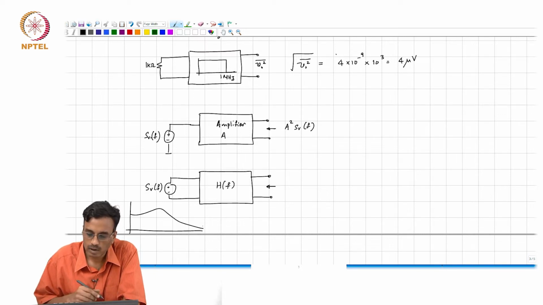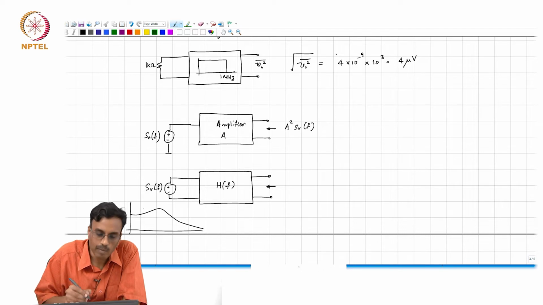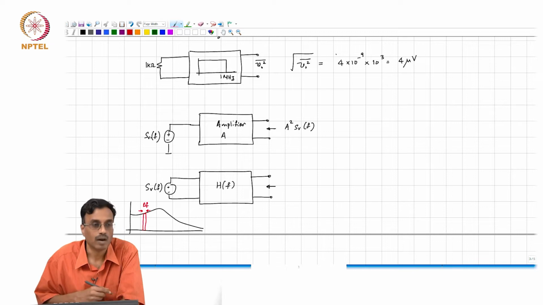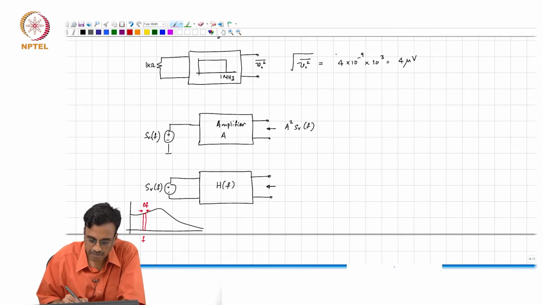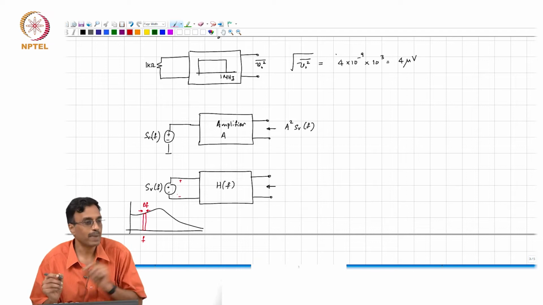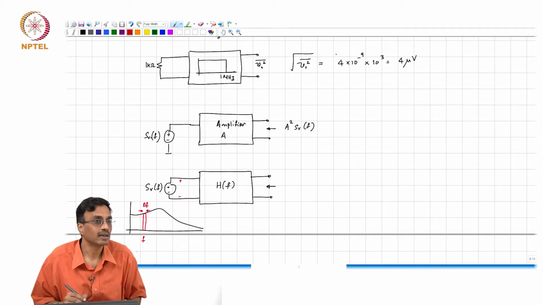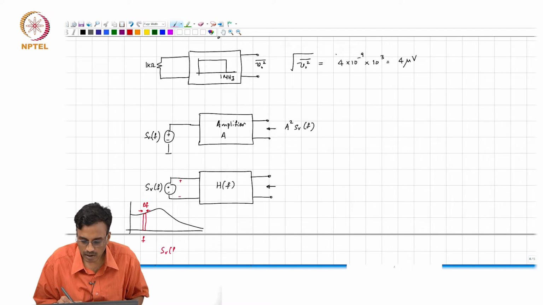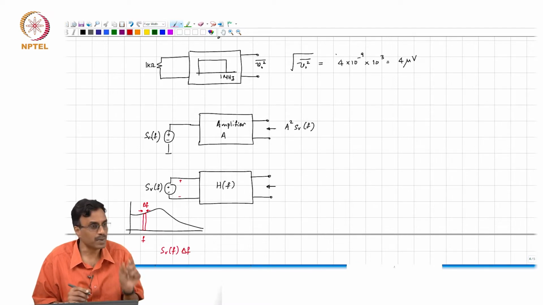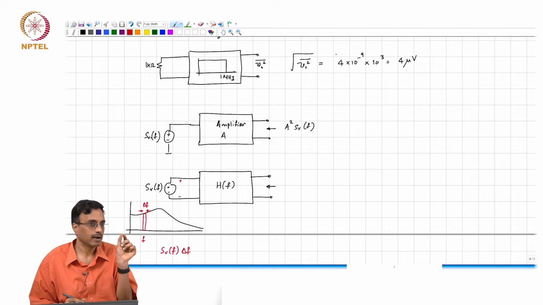The noise spectral density quantifies, at a certain frequency f, with a bandwidth of delta f, the mean square noise in that band. What is it? Yes, SV of f times delta f. So, that is the mean square noise in that band, centered at f.